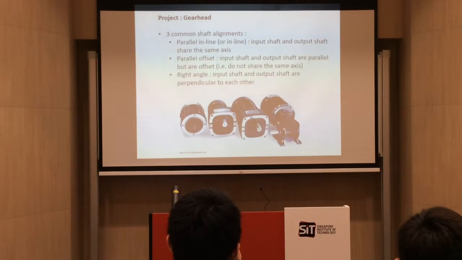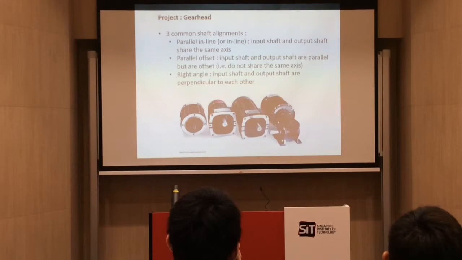And a gearbox or gearhead has another property, in terms of the direction. In this module, we are only looking at parallel gearboxes, which also allow you to have right angles. So we look at the first case, the parallel line.